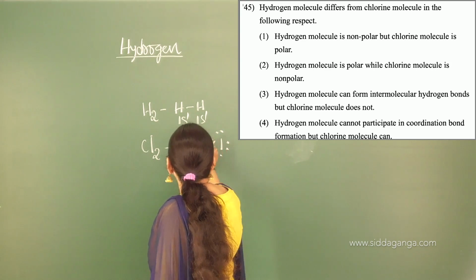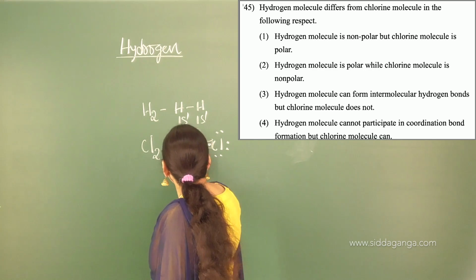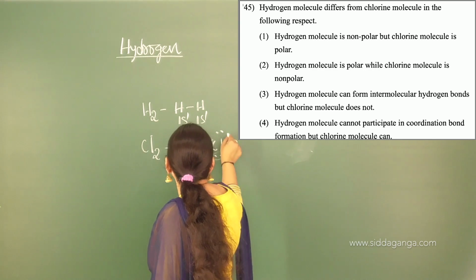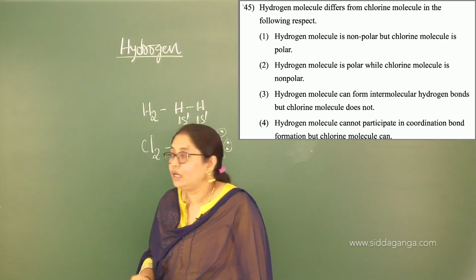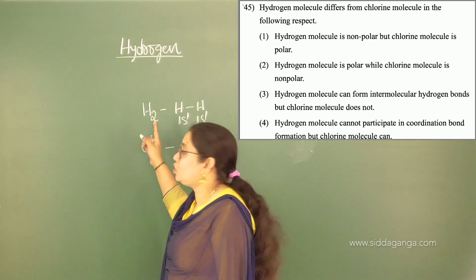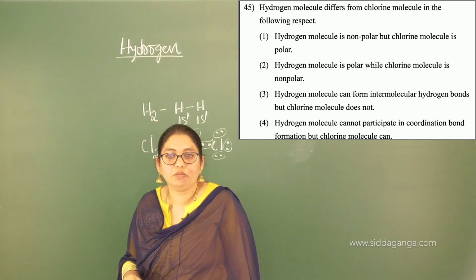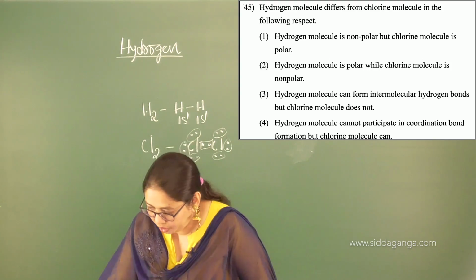If they are involved in the formation of a bond, you can see there are 3 lone pairs of electrons. Because of the availability of lone pairs of electrons, it can form a coordination bond, whereas hydrogen will not form the coordination bond. So option 4 is the answer for this question. If you move on to the next one.